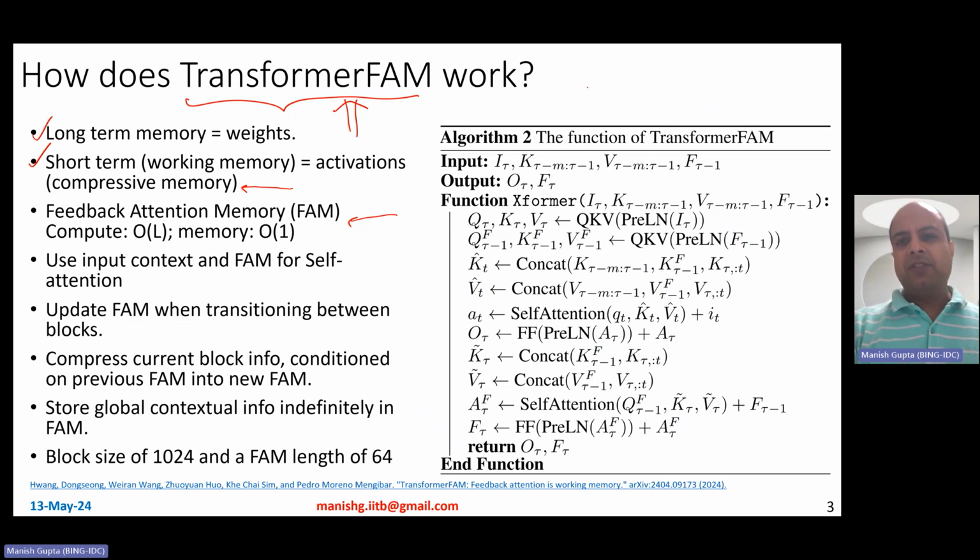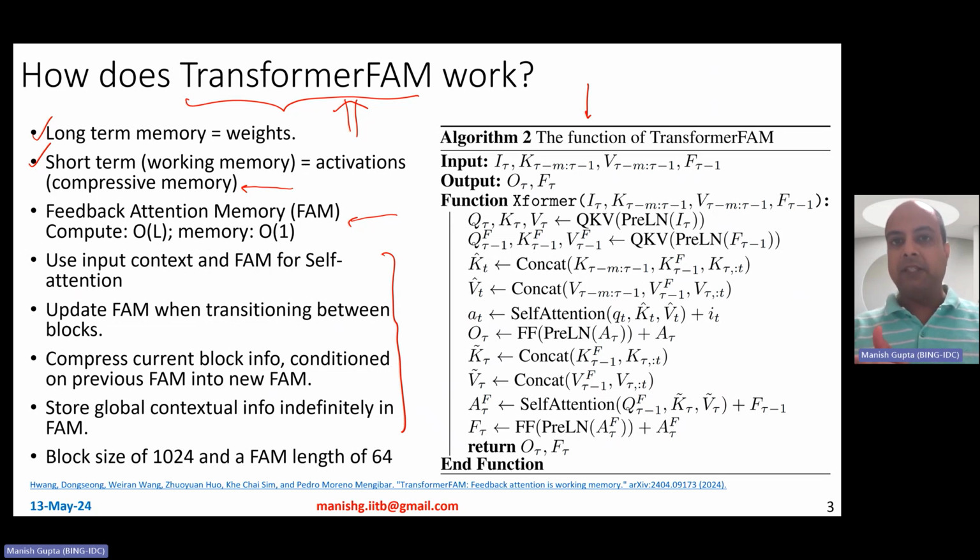In fact, before I go into the pseudocode, these are the very simple desiderata from such a memory. So what you would want to do is to basically process the input block by block. And as you process one block, or you can call it a segment, you must summarize it in some way, summarize the keys and values in some way so that they can be leveraged later for the next block.